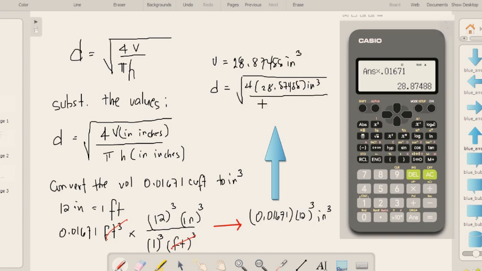Now, if you can see, we already have the same unit, so it's very easy for us to cancel the unit. So we have canceled, and what's left in the numerator is square inches. Now we can proceed with dividing and then taking the square root to get the value of D. So use your calculator to check.